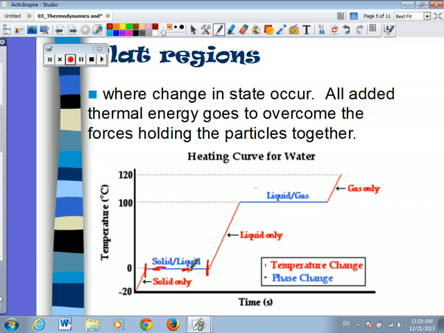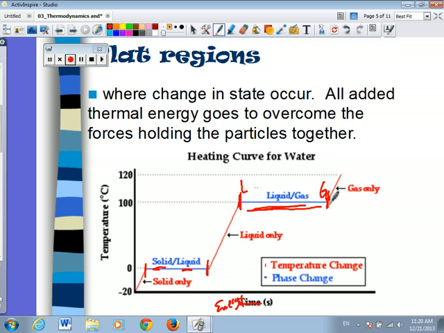You're increasing the amount of energy, but you're not changing the temperature. The entire sample has to absorb that energy, and all of it goes from a liquid on this side to a gas over here. And then you get gas only.